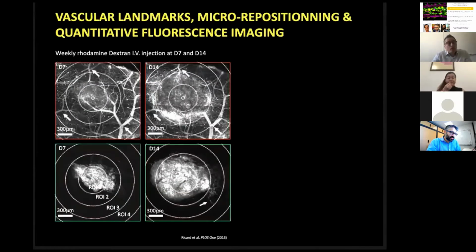put effort on the quantitative aspects of the technique, and we took advantage of the glass window to reposition the animal very precisely under the microscope at every session.